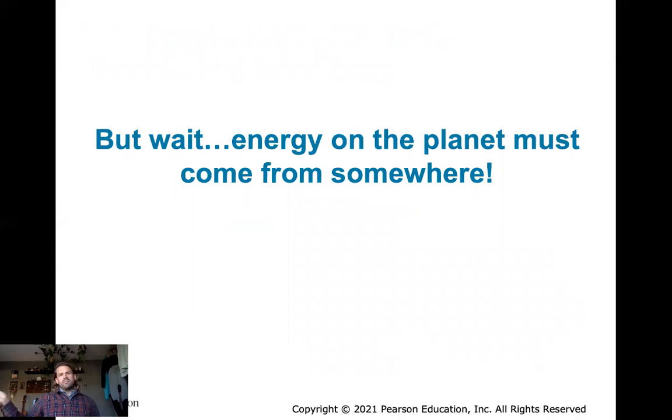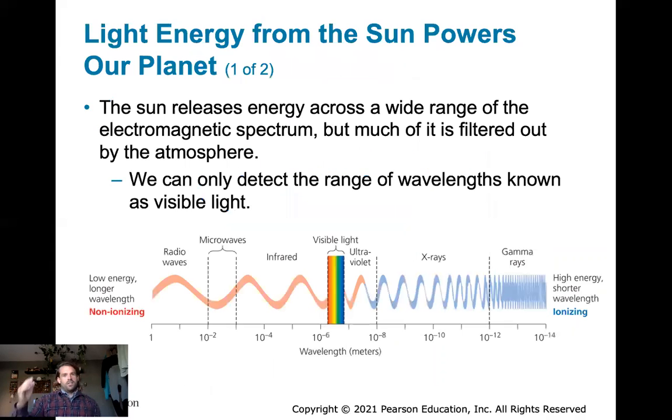Okay, so, but wait, the energy on the planet must come from somewhere, right? The answer to where that energy comes from is the sun, all right? Light is what powers our planet. The sun releases energy across a huge range of the electromagnetic spectrum.